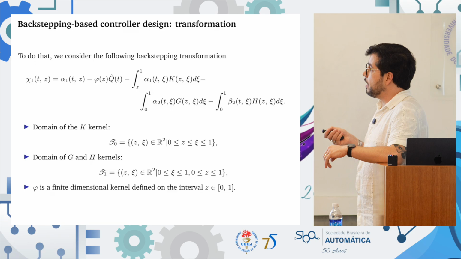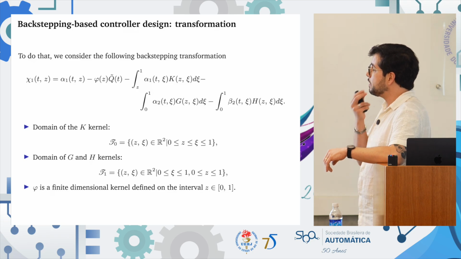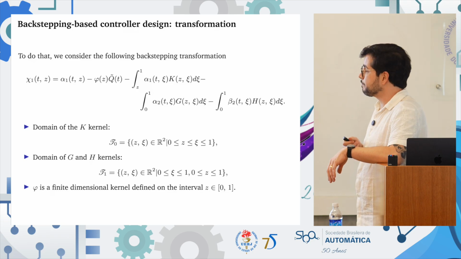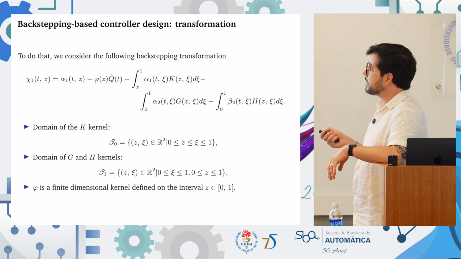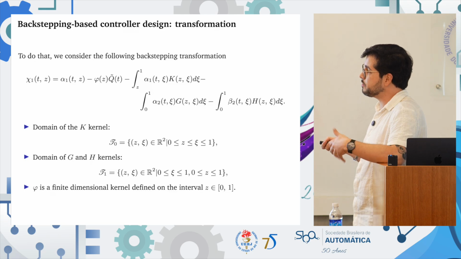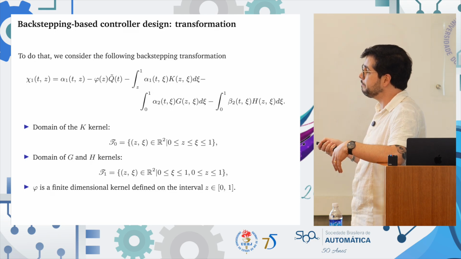The problem here is to find the equations of these kernels that make the mapping feasible. These kernels, K, G, H, evolve in different domains. For example, the kernel K, which is the kernel of the Volterra transformation, has a triangular domain.